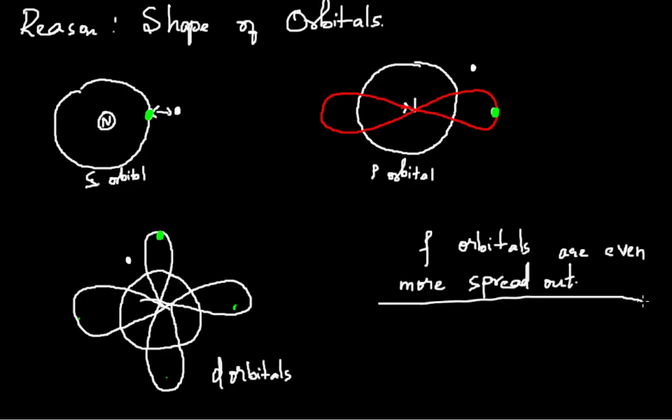So this is what we call concerning f orbitals and the electron. As you know, the shielding effect decreases along s, p, d, f. f orbitals are very poor at shielding. So this is what in chemistry language we call ineffective screening.